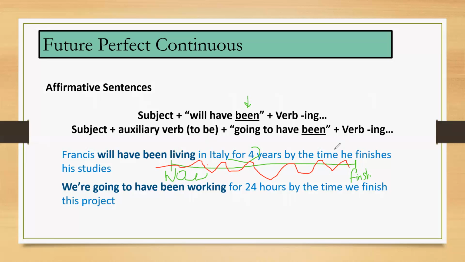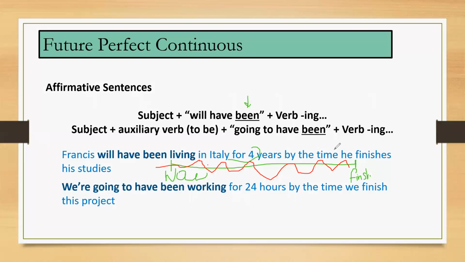Another example is we are going to have been working for 25 hours by the time we finish this project. Okay, so future perfect continuous expresses an action that is currently happening, and by the time another action takes place, okay, it will be over.